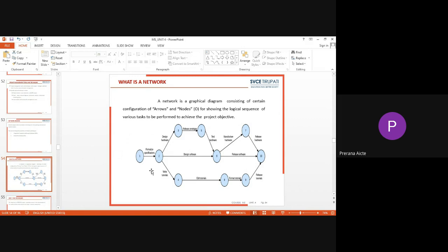Another thing is that for each and every activity there should be a clear starting point and a clear ending point. That means there should be a tail event and a head event for each activity. Also, the direction of these arrows has no significance.